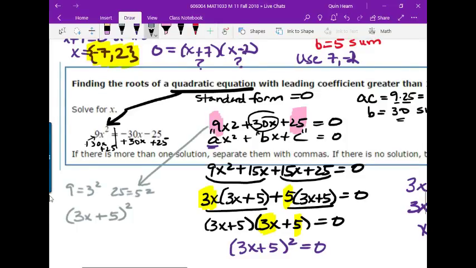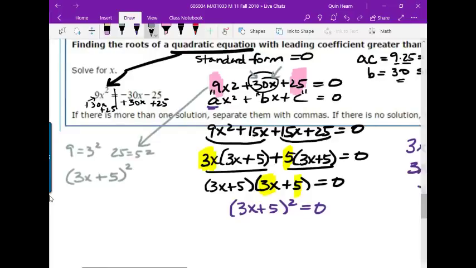Now, it's not guaranteed to be. It depends on if this middle term is appropriate. But remember that little rhyme we talked about for squaring a binomial? You square the first, which would give you the 9x squared. You square the last, which gives you a 25. You multiply together, which would give you 15x, and you double up fast, which gives you 30x.